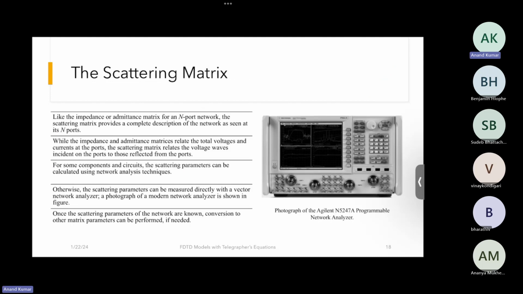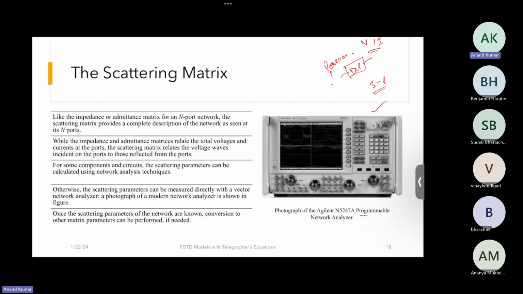And then we have the scattering matrix, which was developed because whenever you do measurements on your device, you can measure power at the ports and not the voltage and currents, which are difficult to measure. So the scattering matrix or the S parameters can be directly obtained using devices like your VNA.